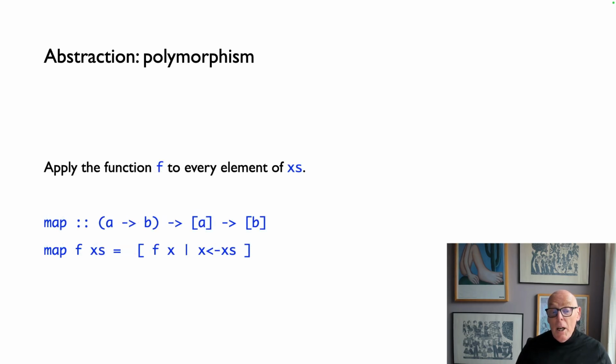We can similarly apply map at any type, transforming lists of elements of one type to lists of elements of another. So that's abstract in terms of its type, but also in terms of the transformation it makes, which is passed in as a function. So we're getting abstraction through polymorphism, but also through higher order functions.